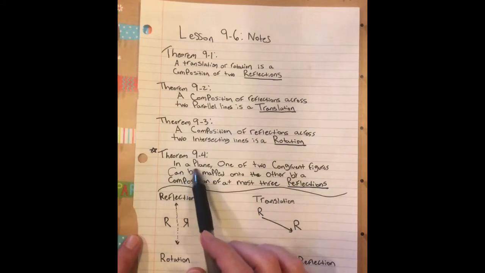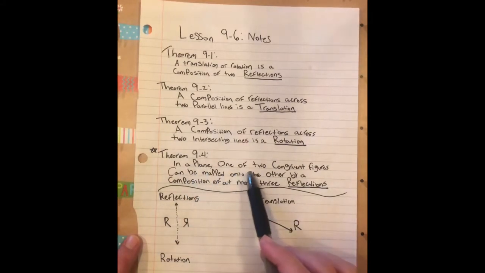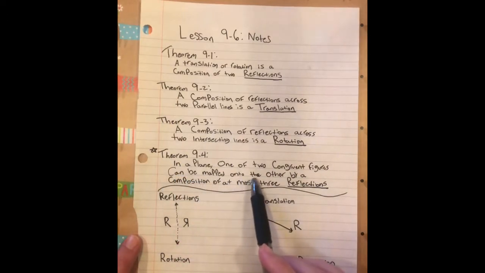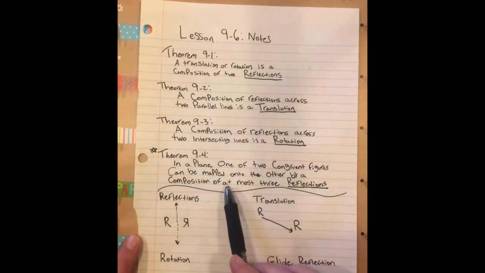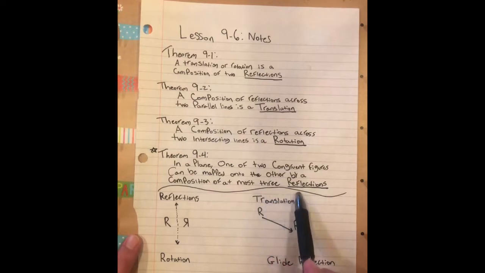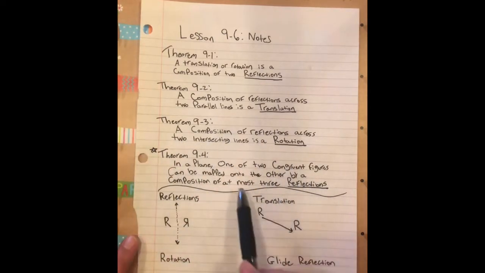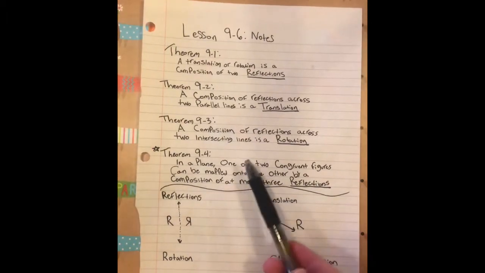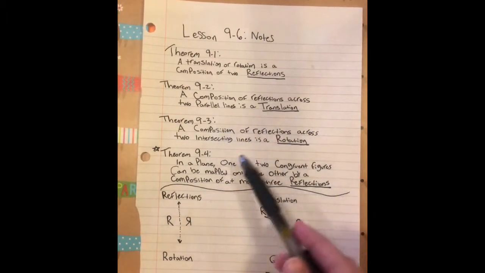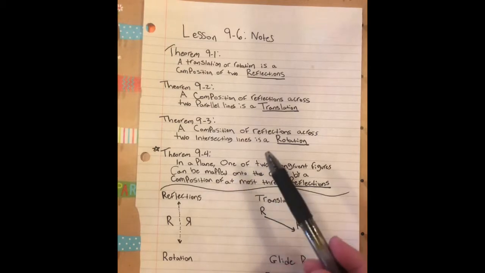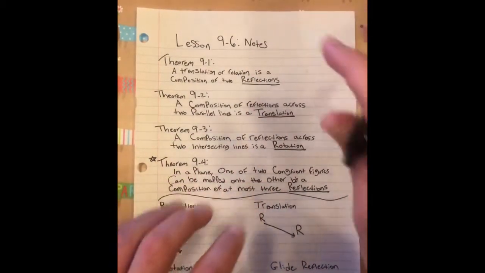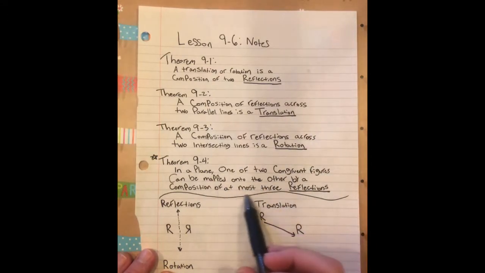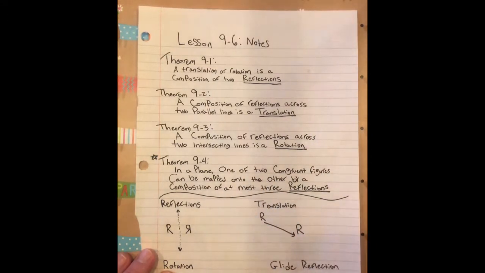In a plane or a graph, one of 2 congruent figures can be mapped onto the other by a composition of at most 3 reflections. What this says is that if you have any 2 shapes, let's take triangles for example, that are congruent, and they're in 2 completely different spots of the map, I can map one onto the other with at most 3 reflections.